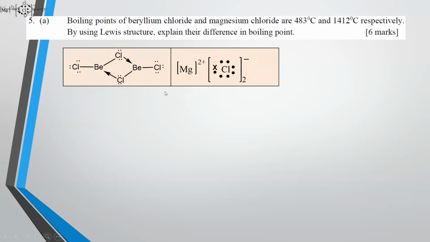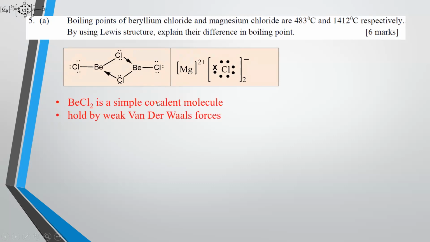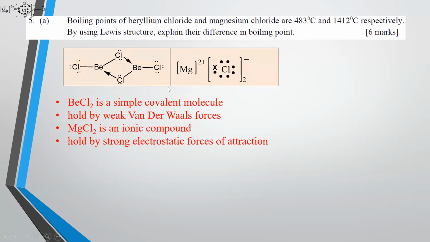Then you have to mention that barium chloride is a simple covalent molecule held by weak van der Waals forces. So therefore, it has a lower melting point, whereas magnesium chloride is an ionic compound. They are held by strong electrostatic forces of attraction.